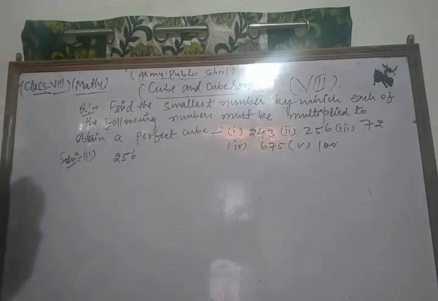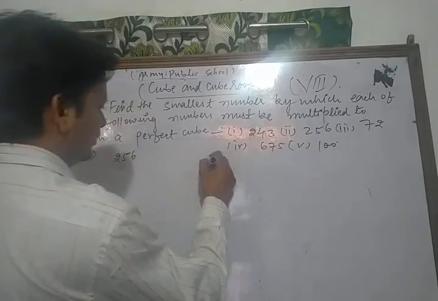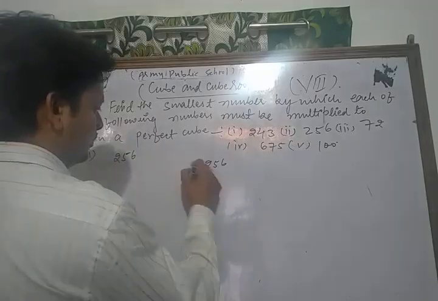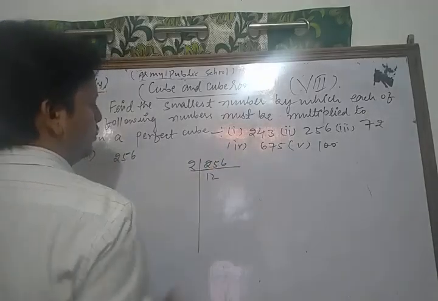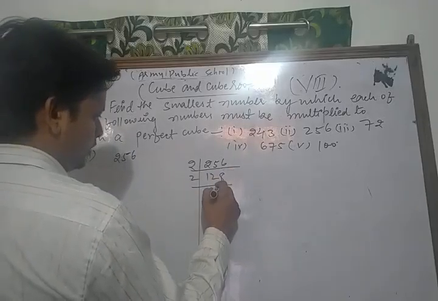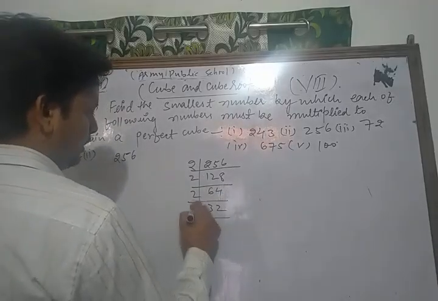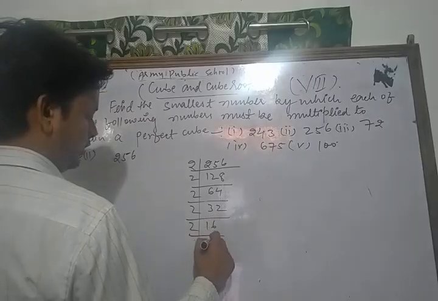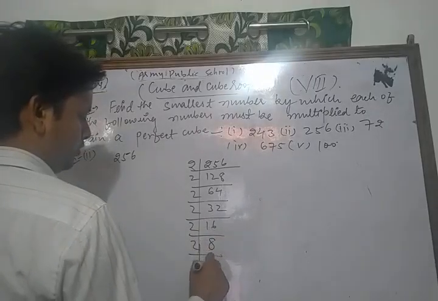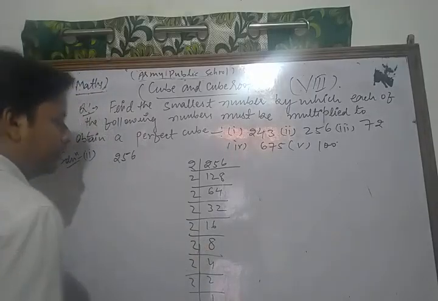First of all we do the prime factorization. Prime factorization of 256. Let's see. 2 ones are 2, 2 twos are 4, again by 2, 2 sixes are 12, 2 fours are 8, 2 twos are 4, again by 2, this is 16, this is 8, 2 fours, 2 twos, 2 ones.